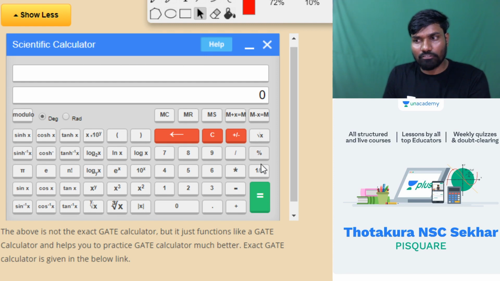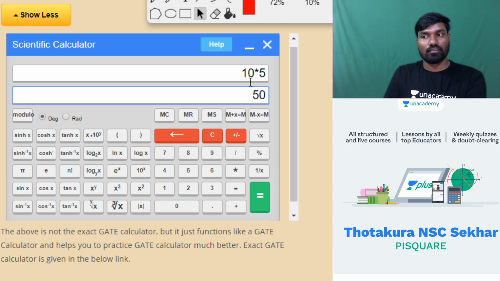Look at the calculator interface. 10 into 5. The moment I enter 10 into, the equation has gone up, then 5. Then you press equal to once. 10 into 5 is the equation I have, and the initial result is 50.